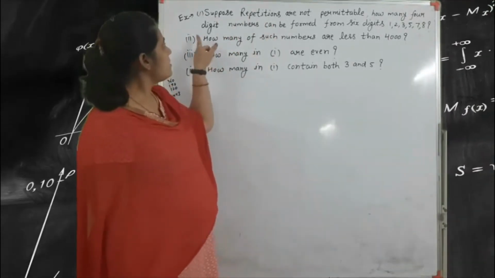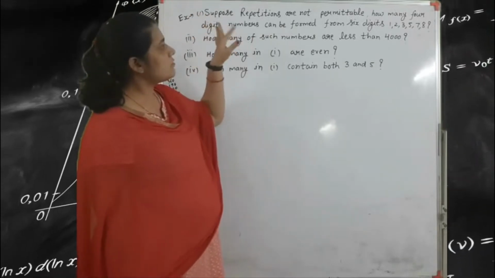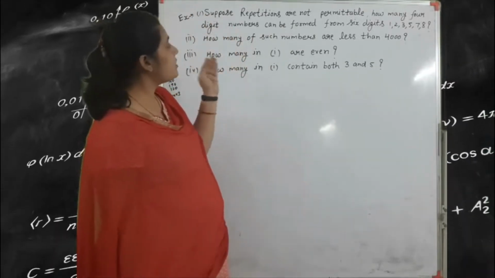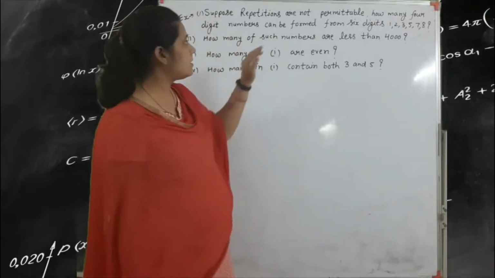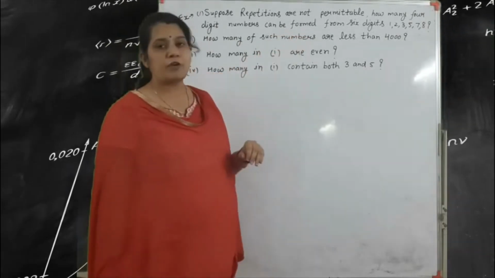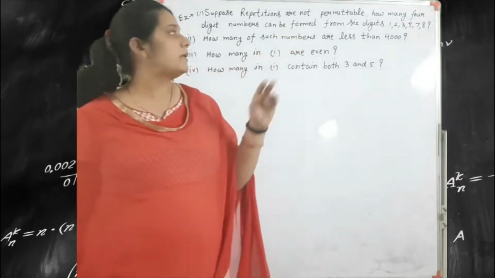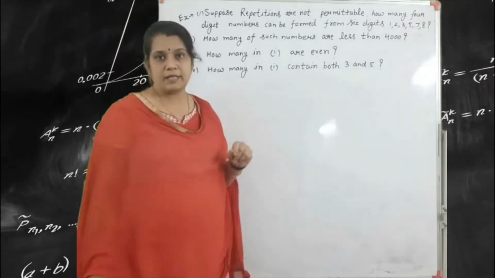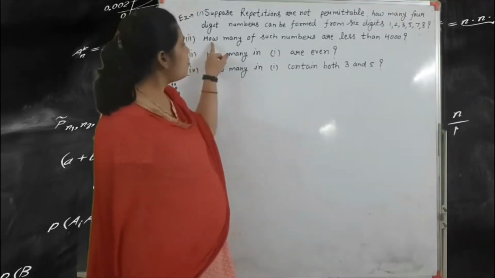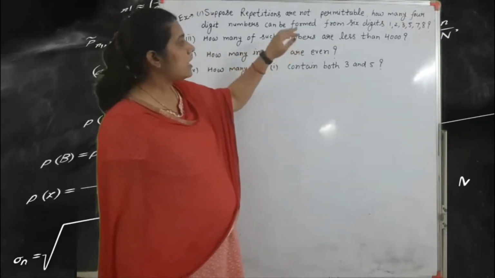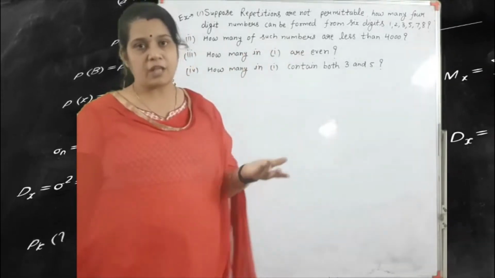So first question is: how many 4-digit numbers can be formed from the 6 digits 1, 2, 3, 5, 7, 8? Second question is how many of such numbers are less than 4000.